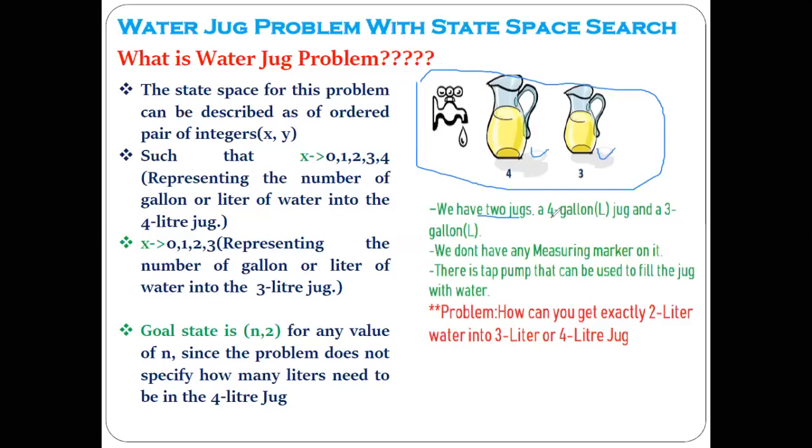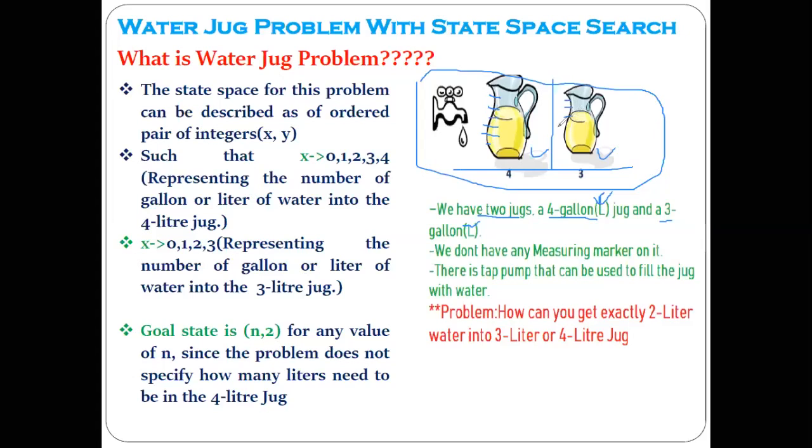One jug has a capacity of 4 gallons, in the sense liters, and another jug has a capacity of 3 liters. Now one important thing related to these two jugs is that there are no markings on the jugs. Keep these things in mind, because they are required to solve the problem. There are no measuring marks.